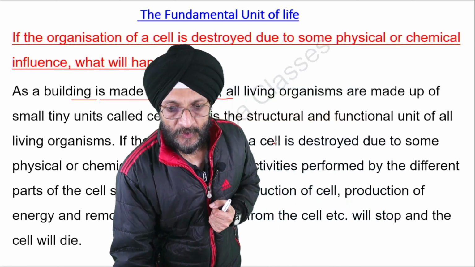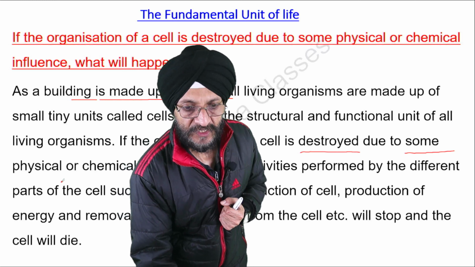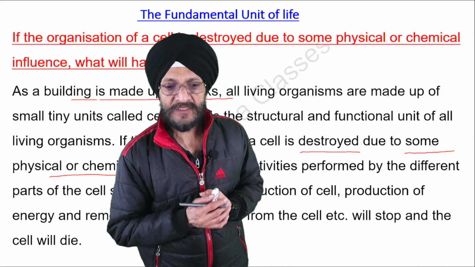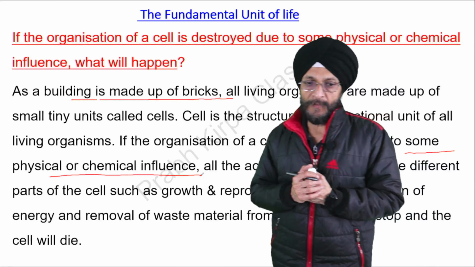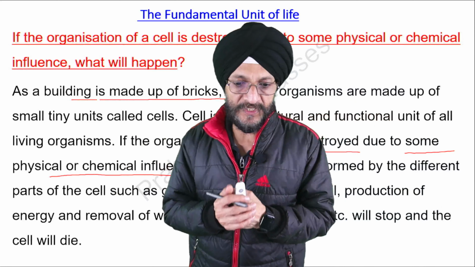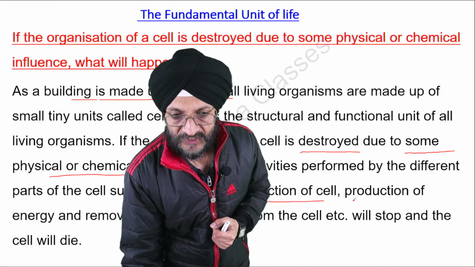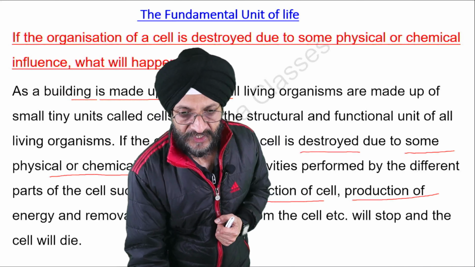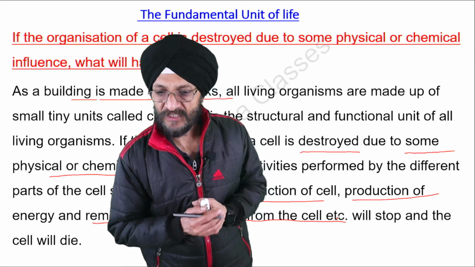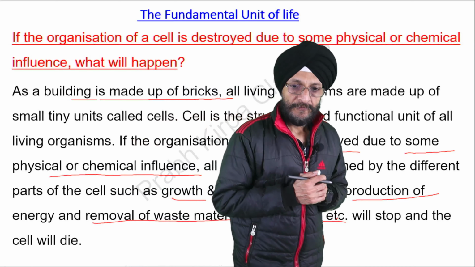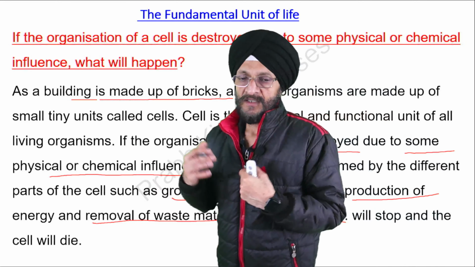If the organization of the cell is destroyed due to some physical or chemical influence, all the activities performed by different parts of the cell, such as growth, reproduction of the cell, production of energy, removal of waste material from the cell, etc., will stop, and the cell will die.